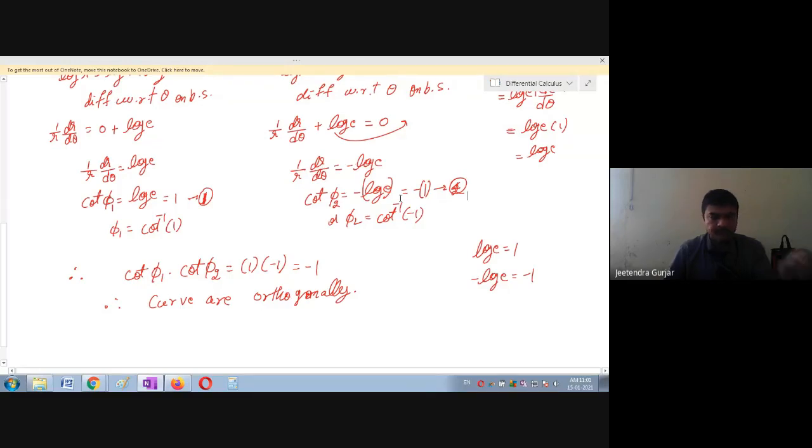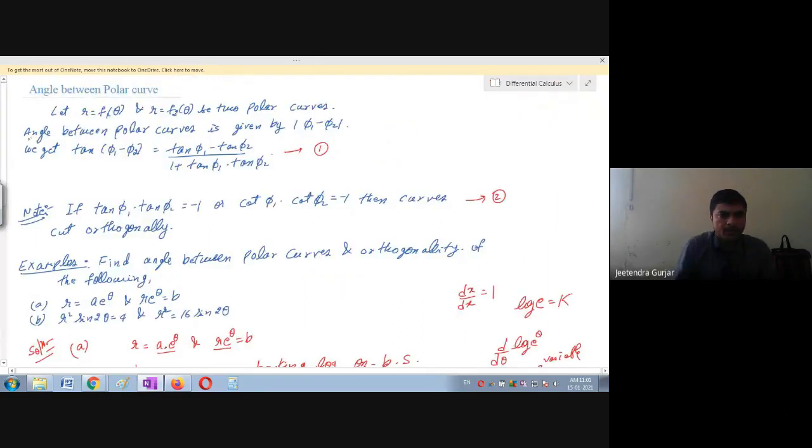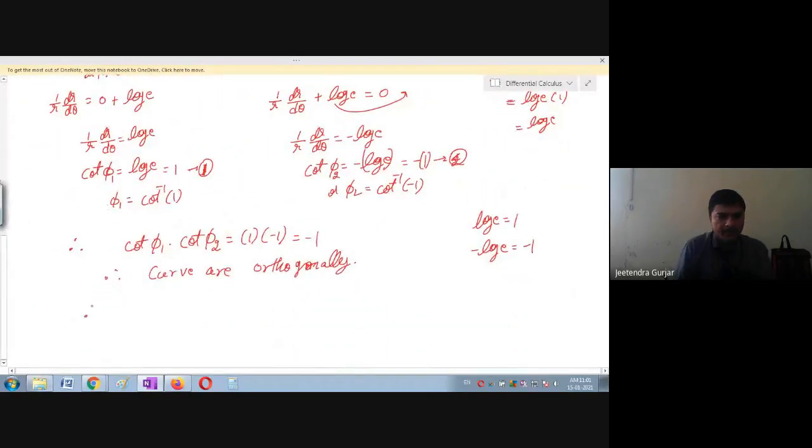Yes, students. So orthogonality is proved, and again, very important, the angle between the polar curves is given by the modulus of phi 1 minus phi 2. So modulus of phi 1 minus phi 2 is equal to modulus of cot inverse 1 minus cot inverse minus 1. Am I right? So the minus can be taken outside.